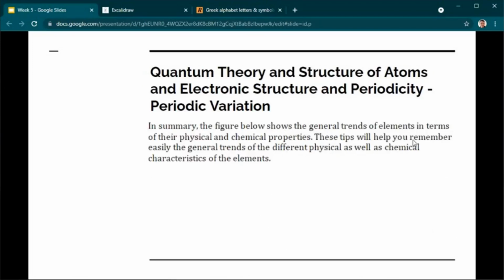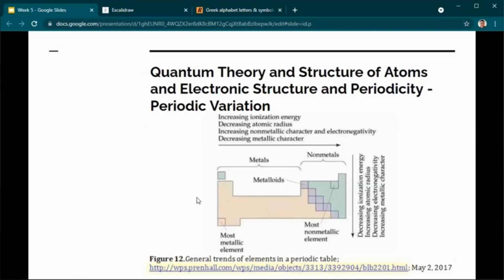In summary, the figure below shows the general trends of elements in terms of their physical and chemical properties. These tips will help you easily remember the general trends of the different physical as well as chemical characteristics of the elements.